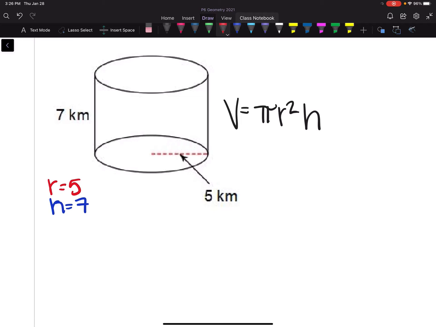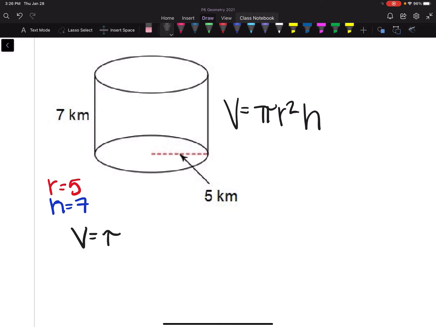In our first example here, I've got a cylinder with a height of 7 kilometers and a radius of 5 kilometers. So we know our volume is pi times r squared times h.